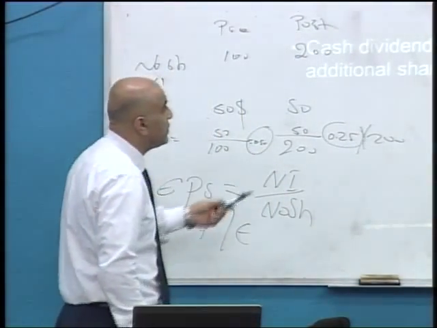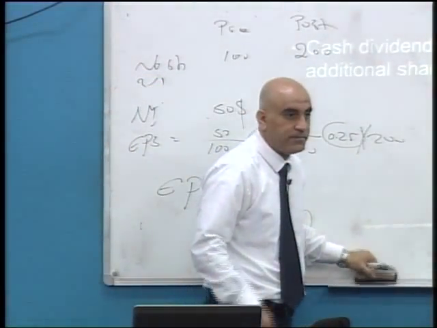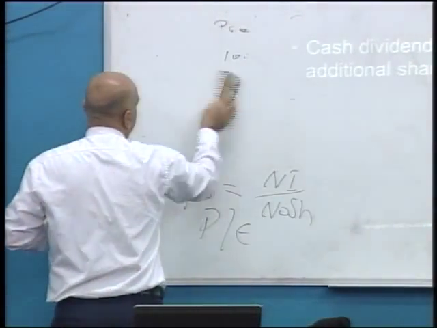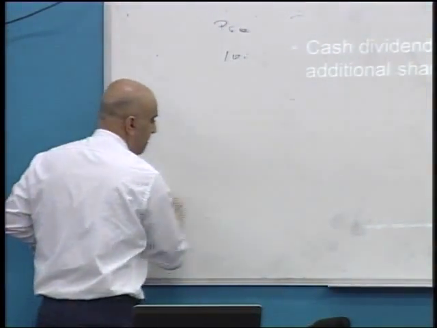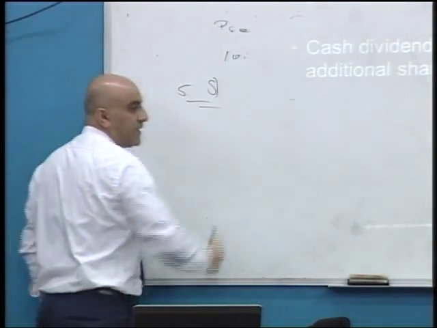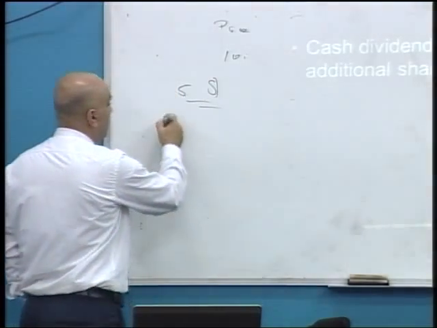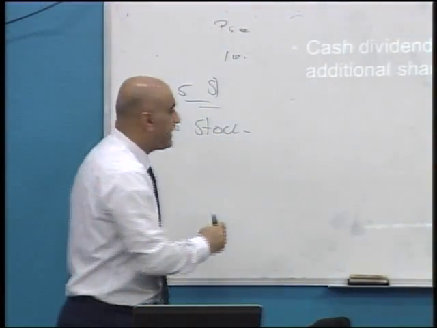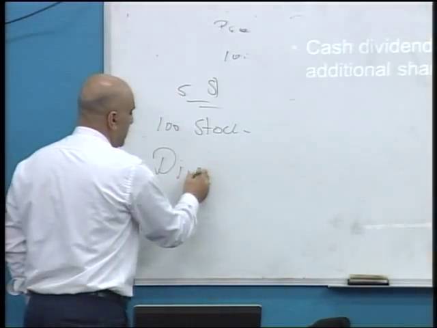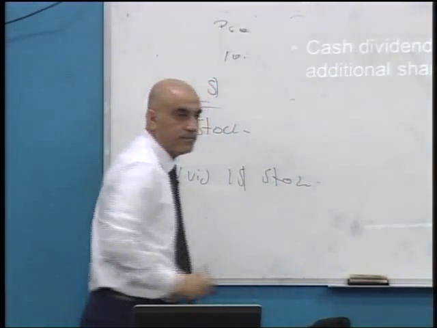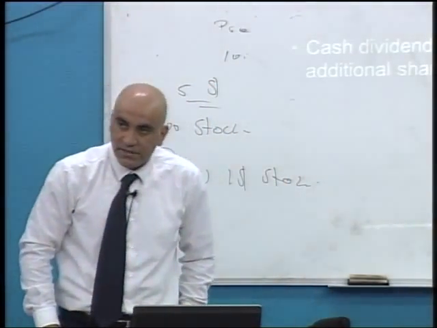Cash dividends are used to purchase additional shares. For instance, if the price was $5 and you hold 100 stocks, the dividend is $1 for each stock.